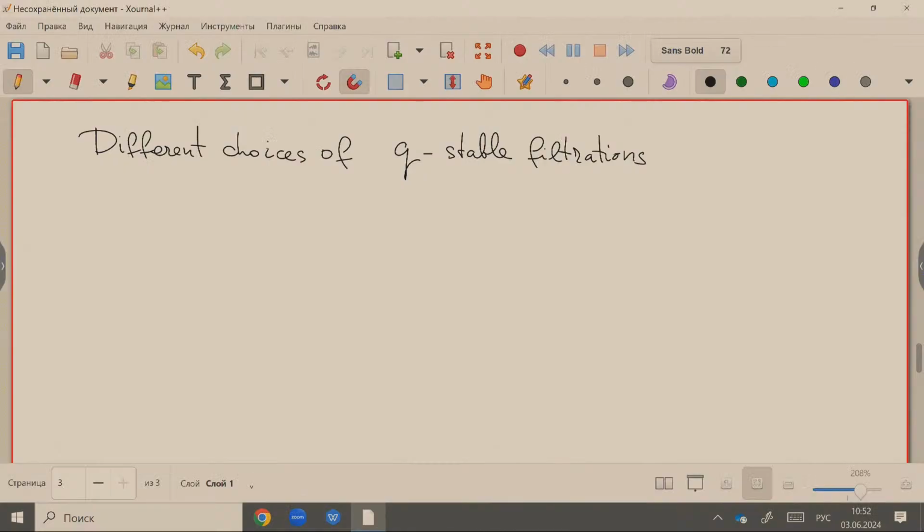You consider Mn and Mn tilde, so these are two filtrations, and equivalence means that there exists some n0 such that you have M_{n+n0} sits inside Mn tilde, and you have the opposite inclusion for M tilde.